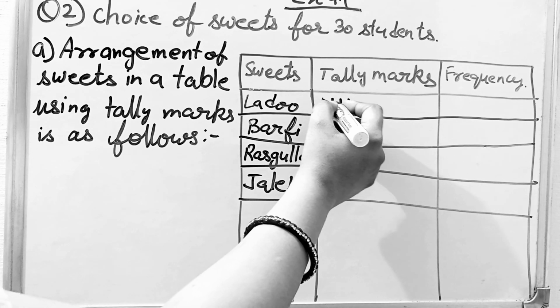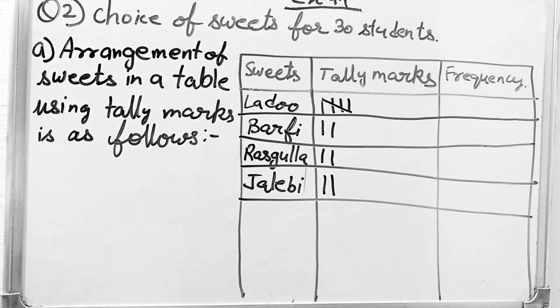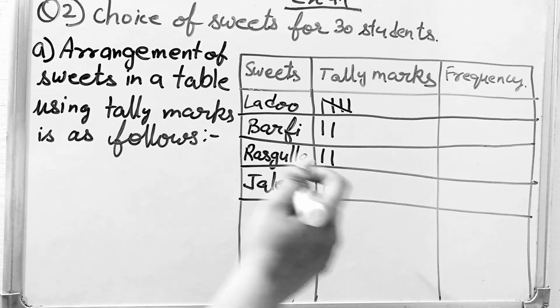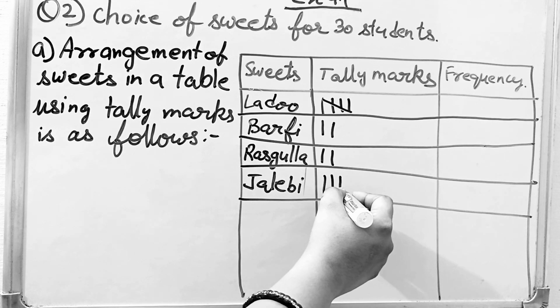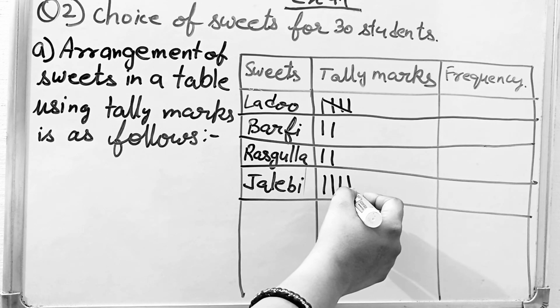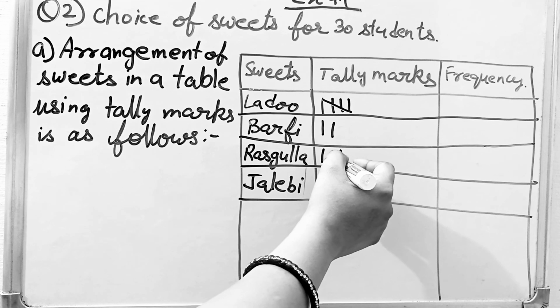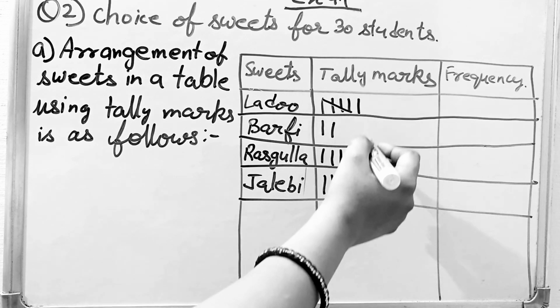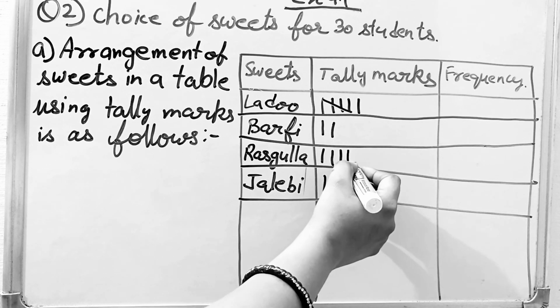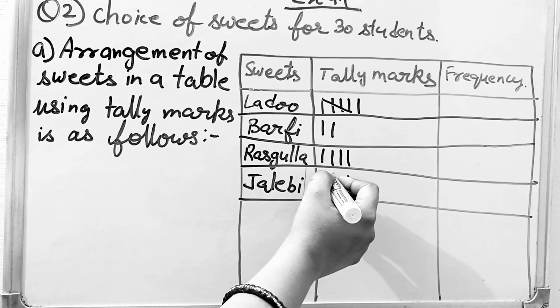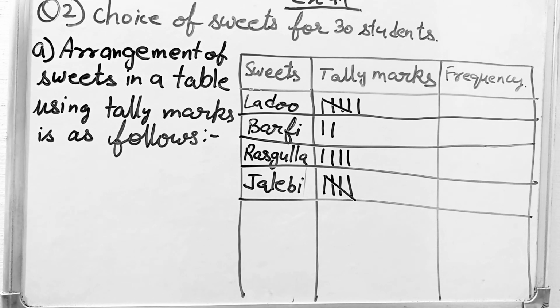Now laddu is coming for the 5th time, so I am marking here the slanting tallymark. Next is jalebi. Then again jalebi, then it is rasgulla, then it is laddu, rasgulla, jalebi. Jalebi is coming for the 5th time, so again it will become a bunch of 5.